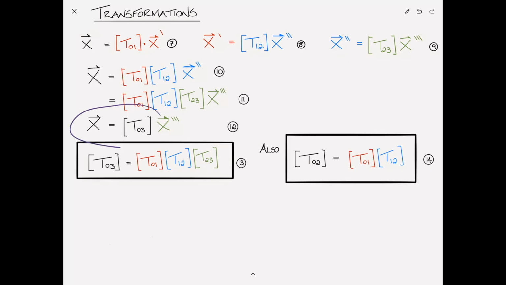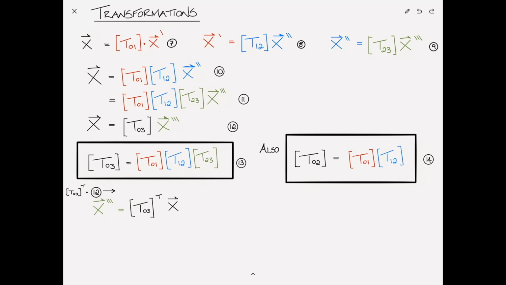Now, looking at equation 12 again, if I take equation 12 and I pre-multiply that by T03 transpose, in other words, the transpose of this matrix, what I get is that x triple prime is equal to T03 transpose times x.